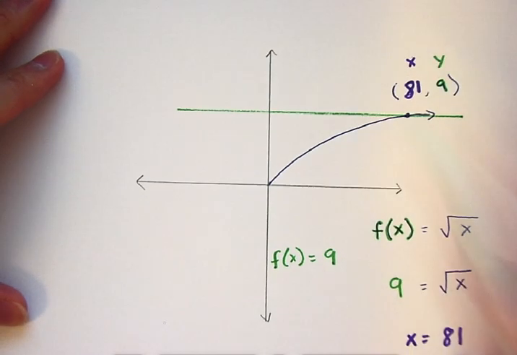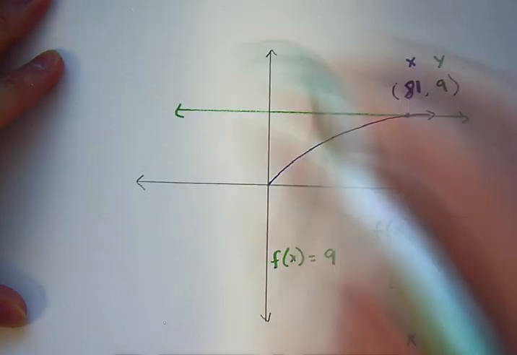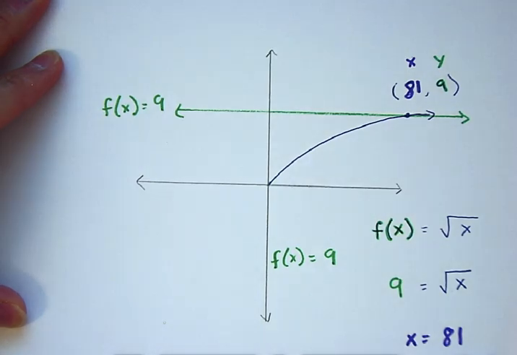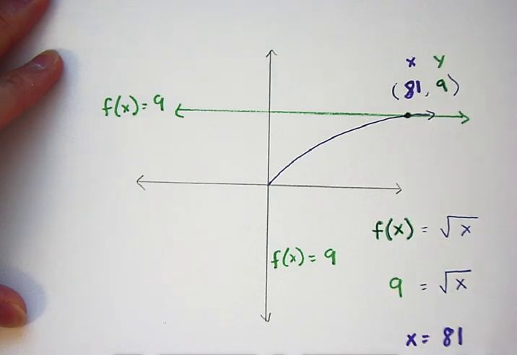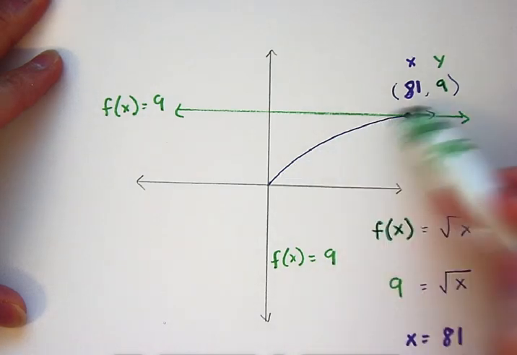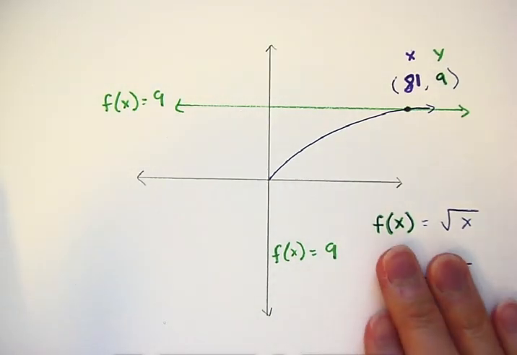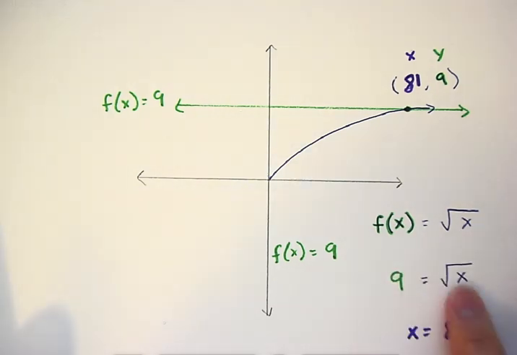It'd be a horizontal line. This horizontal line at y equals 9 touches my f of x equal square root of x one time. And so where it touches it, that is my solution to these two. So where those two meet is my solution.